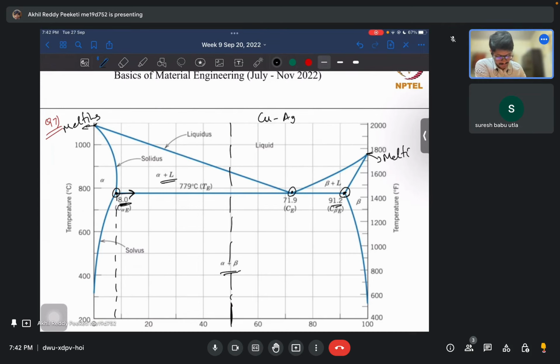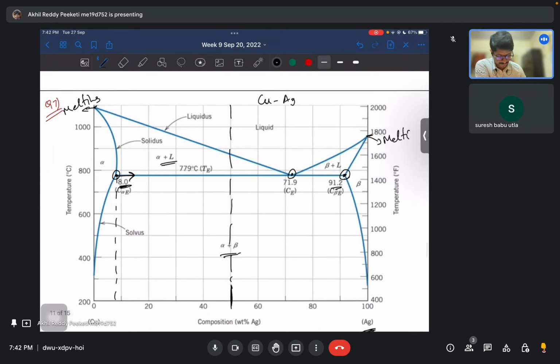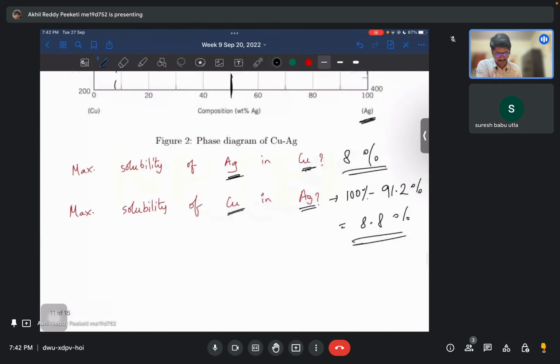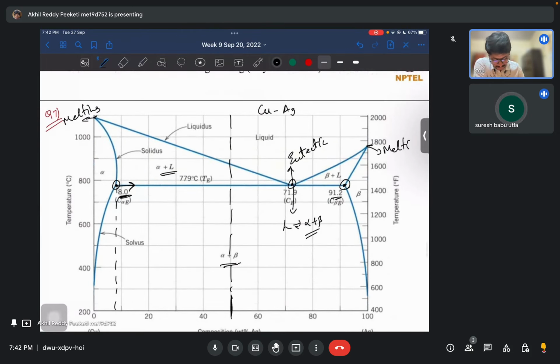Yes, exactly. So this is the eutectic point. A single liquid forms two solids, so liquid forming alpha plus beta. Now just below the eutectic point, what will be the relative fraction of alpha phase? So basically at this point, we need to find the relative fraction of alpha phase.